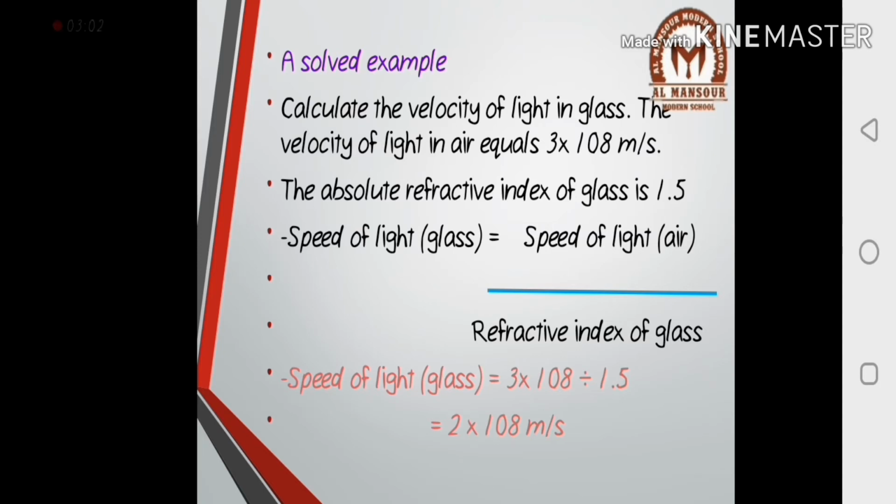When starting to solve this problem, we should write the law, because the law has a degree. The speed of light in glass equals the speed of light in air over the refractive index of glass. The result will be 2 times 10 to the power 8 meters per second. Meter per second is the unit of any speed. It is the unit of any velocity.